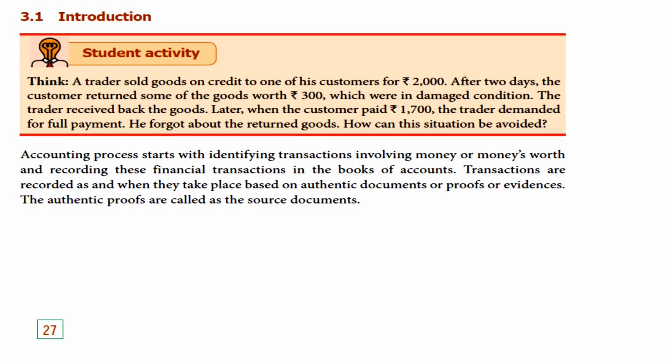Let's start the lesson. The accounting process starts with identifying transactions involving money or money's worth, and recording these financial transactions in the books of accounts. So the accounting process starts with identifying the transaction: what income we have, what debts we need to pay, all those things involving money and money's worth.